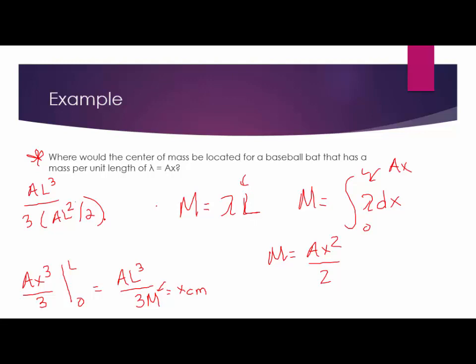We end up with, these cancel out, these cancel out, 2/3 L as our center of mass, which is not as intuitive as the last one because a baseball bat is not consistent with its mass per unit length. It has more mass located at the end of its length than at the beginning. So it makes sense that the center of mass should be closer to the end than to the handle of the baseball bat.